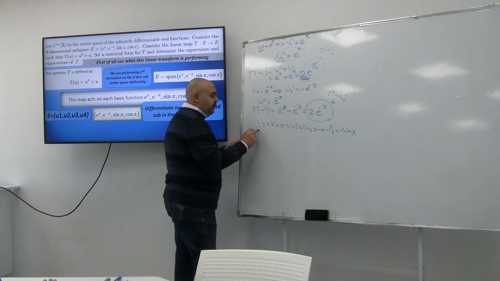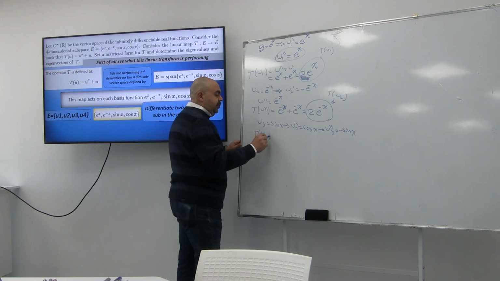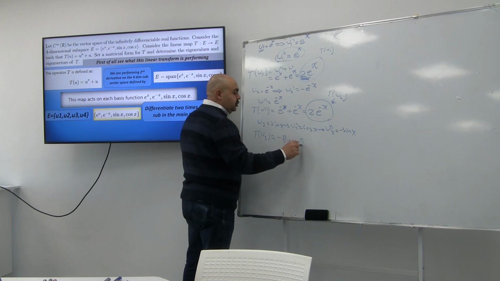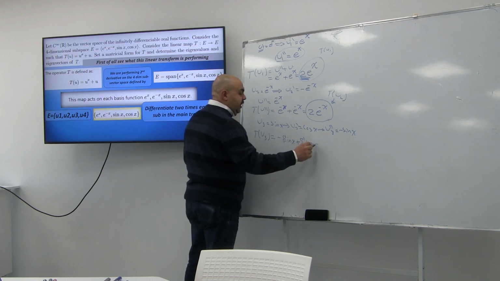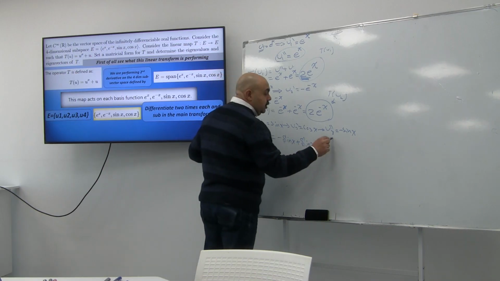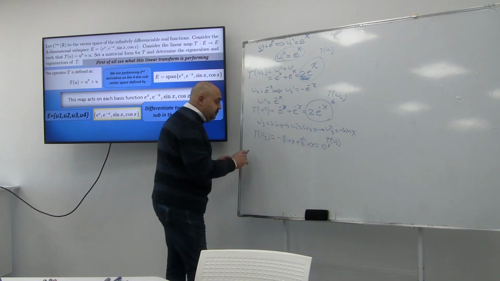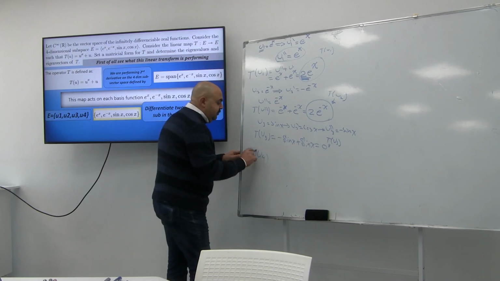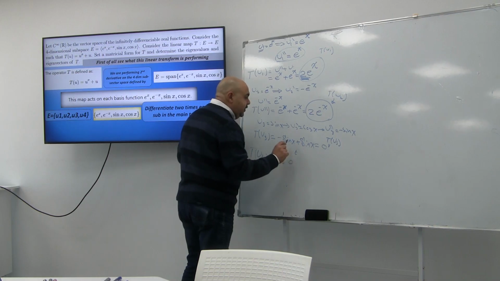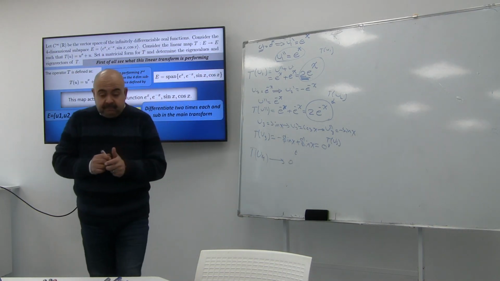Now I will try to get the linear transform of u3, which is u double dash, negative sine x, plus u3, which is sine of x. The result is equal to 0. So now the transform of u3 is equal to 0. In a similar manner, for T of u4, it's going to be 0 also with the same steps.